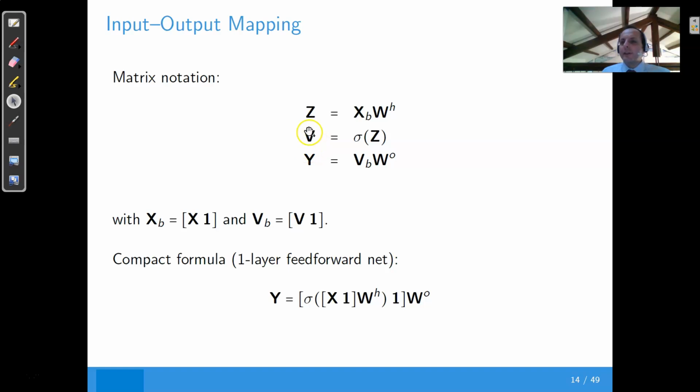v is a vector containing the outputs of the previous layer multiplied by the weights of the output layer.